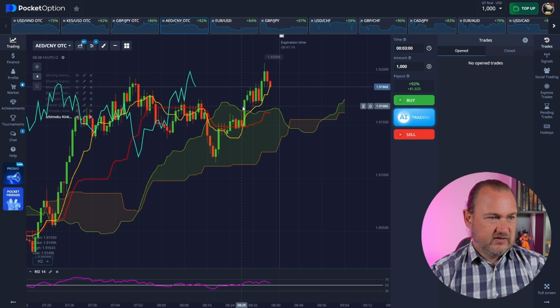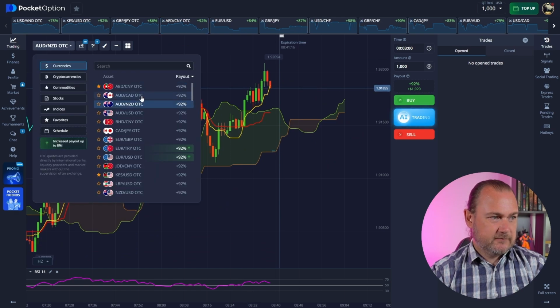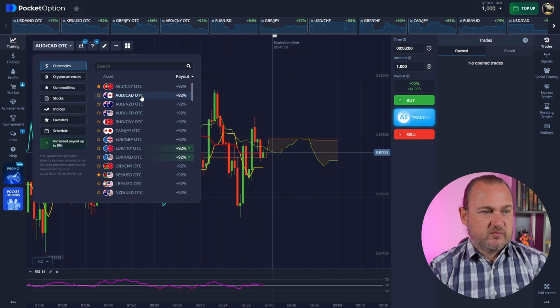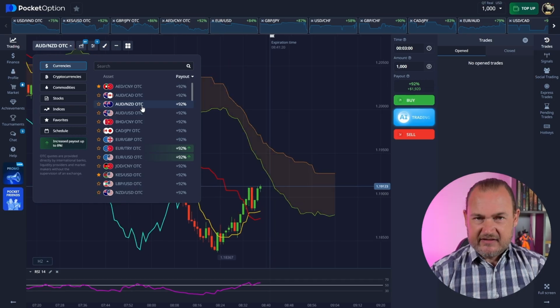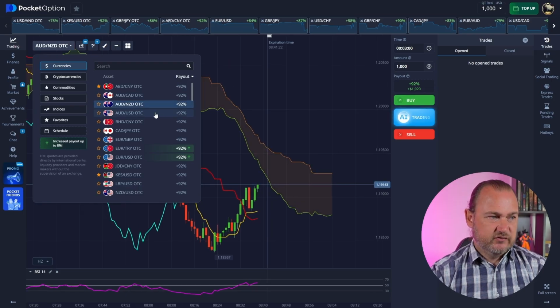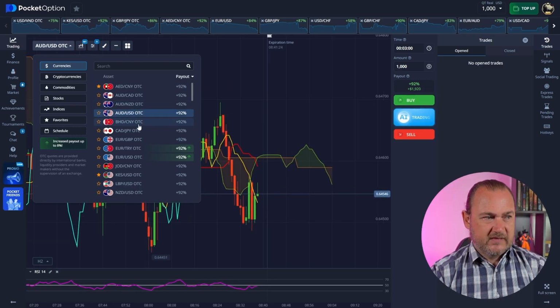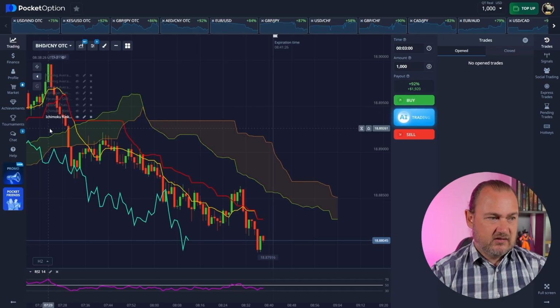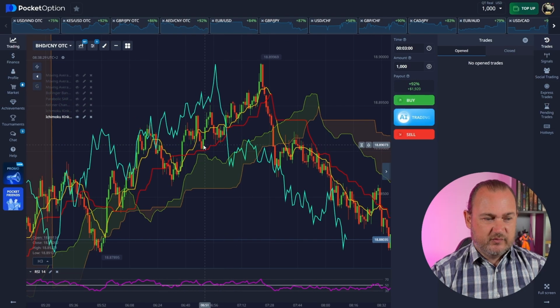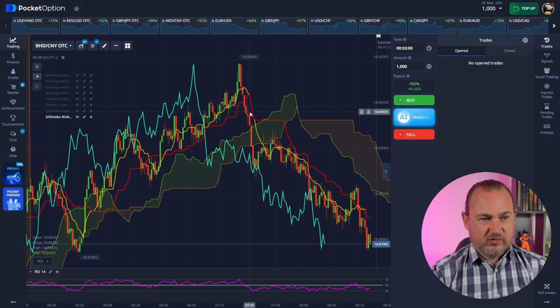Let's start at the top of the list again, see if we can maybe just pick up. This is a brilliant example of how strategies sometimes do not give you entries for a while. We can take any asset and just scroll back a wee little bit, and we can see we had beautiful entry opportunities a short while ago.